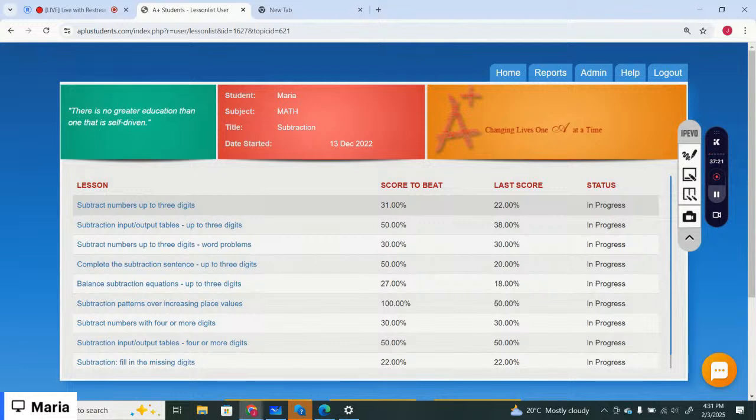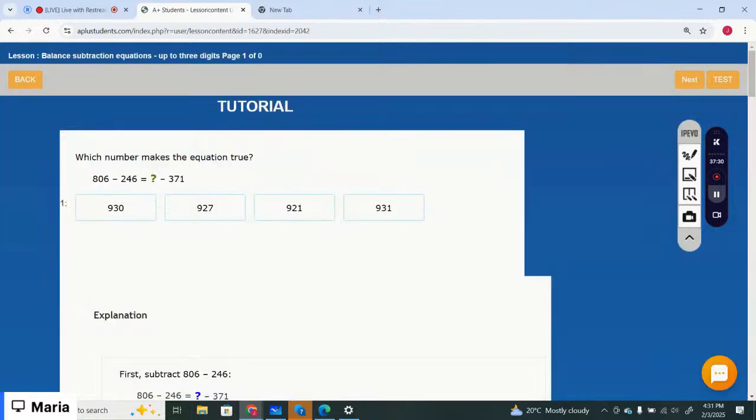The next lesson is balance subtraction equations up to 3 digits. Which number makes the equation true?